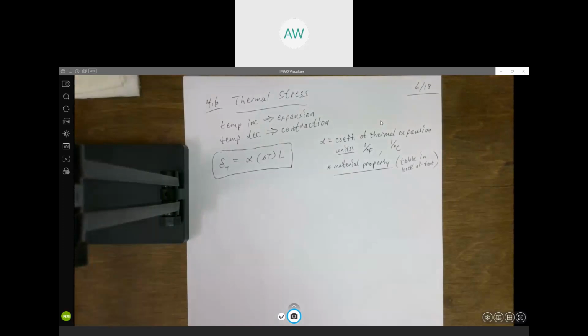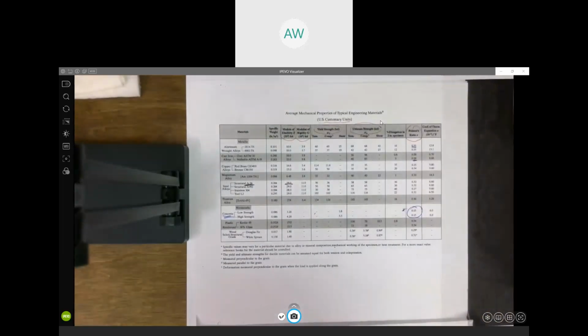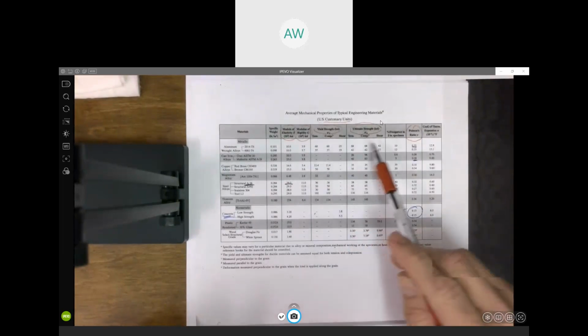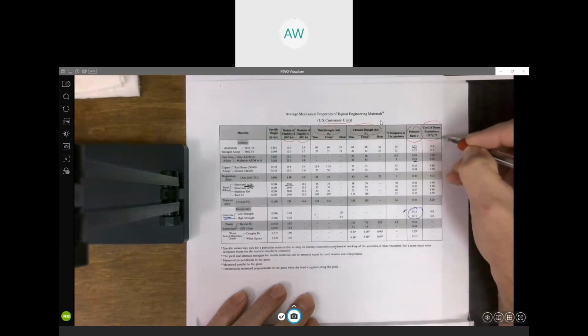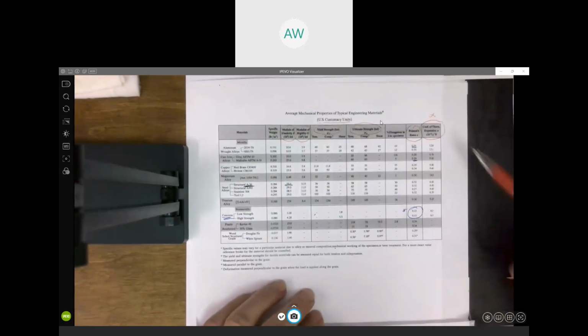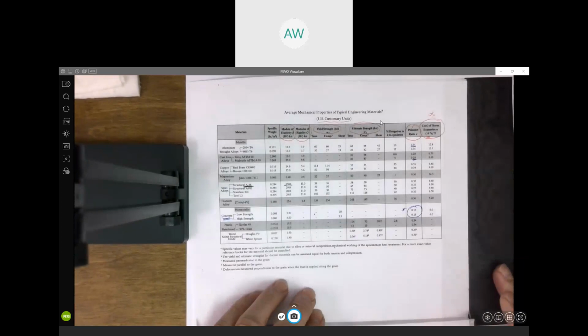In fact, let me pull up what we were looking at the other day, where I pointed out the modulus of elasticity, modulus of rigidity, yield strength, ultimate strength, Poisson's ratio. The very last column over here, coefficient of thermal expansion, that's alpha. And you see the values are times 10 to the negative 6.